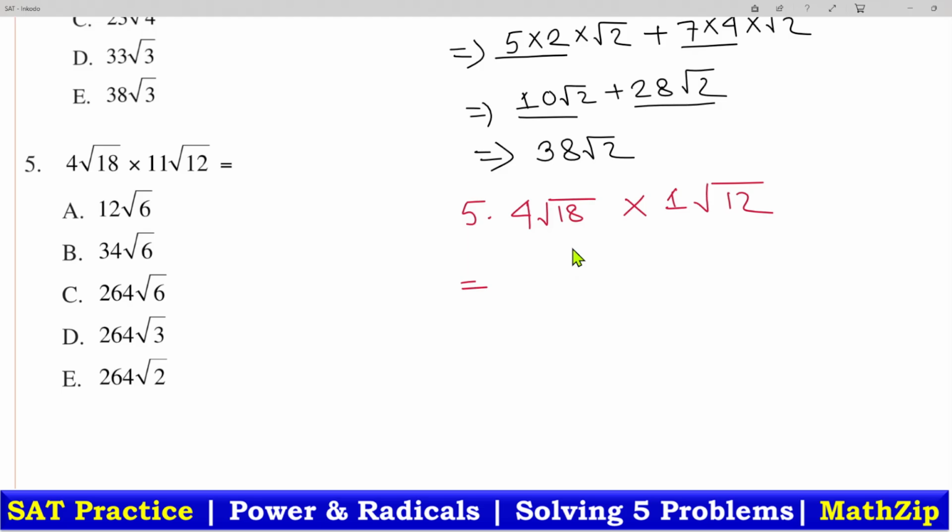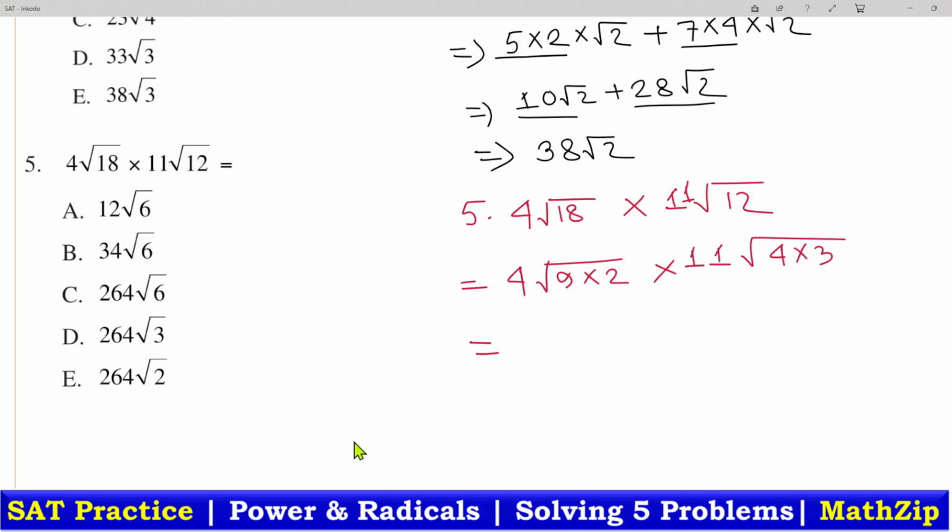We have to find out a perfect square. This 18 we can write as 9 times 2, and here is 11, and this root 12 we can write as 4 times 3. Then step by step we try to solve this one.